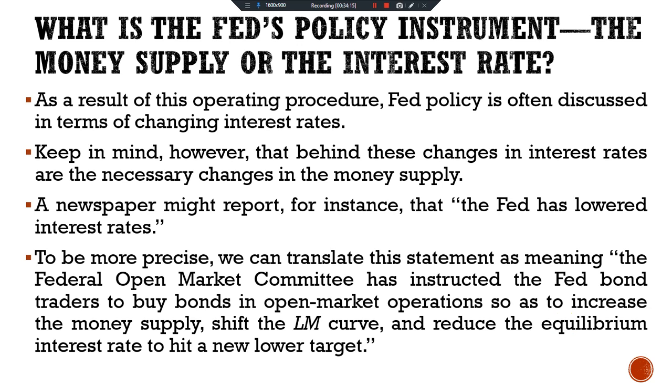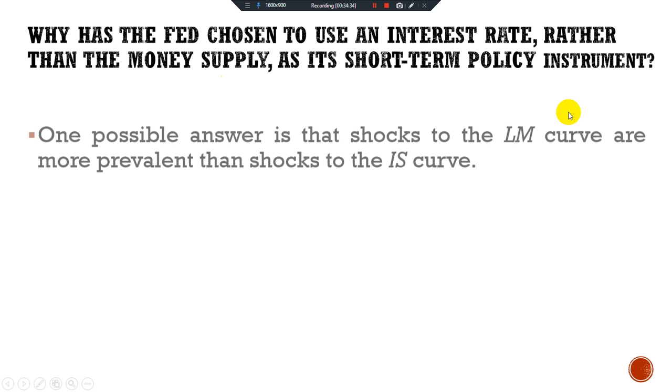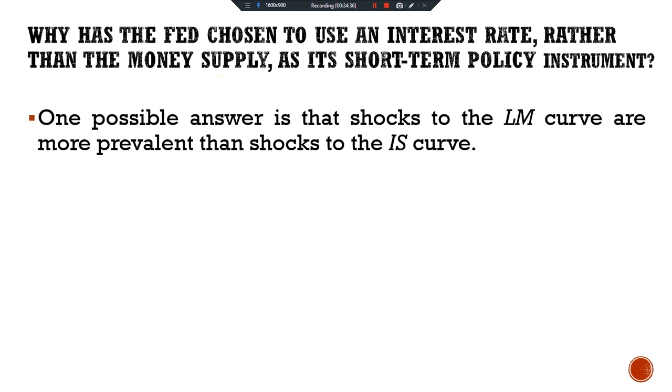So here we have one of the main questions: why has the Fed or central bank chosen to use an interest rate rather than the money supply as its short-term policy instrument? One possible answer is that shocks to the LM curve are more prevalent than shocks to the IS curve.